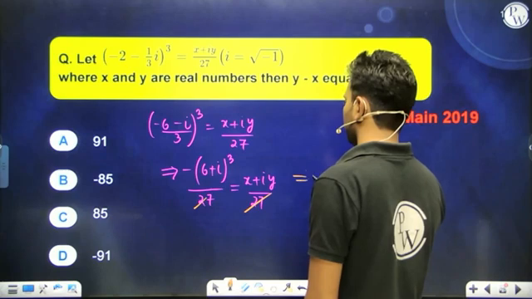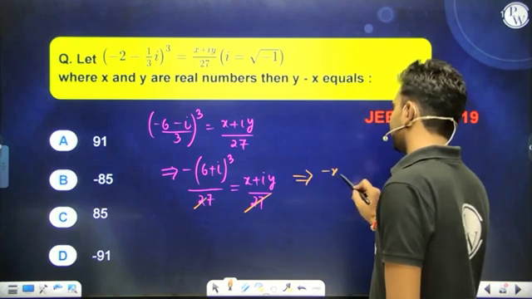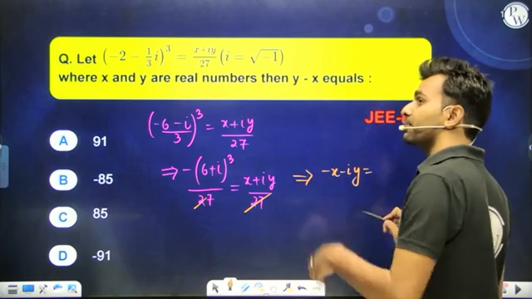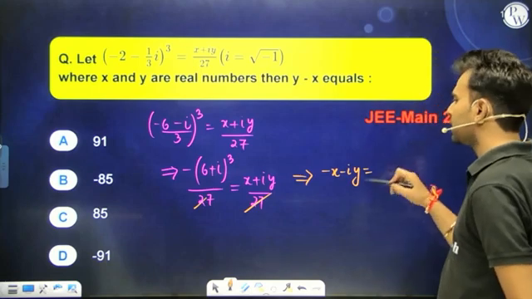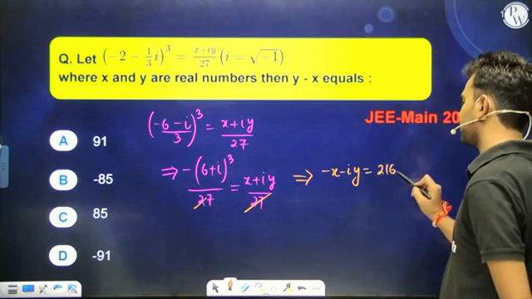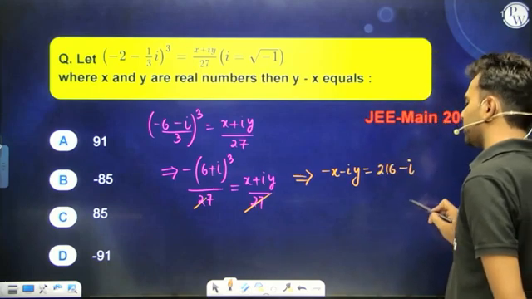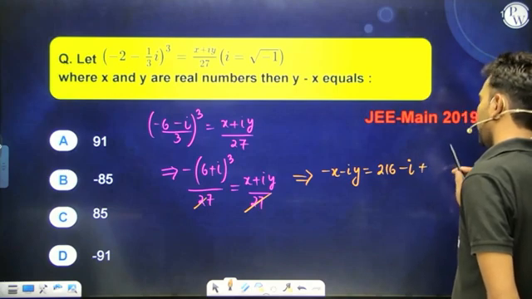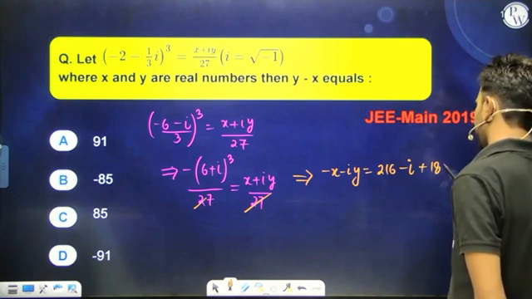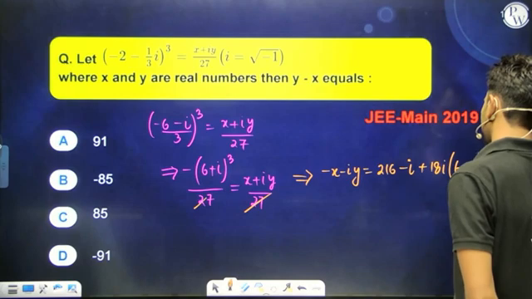So it is going to be minus x minus iy equal to (6 plus i) whole cube, means 6 cube, that is 216, plus iota cube, that is minus iota, plus 3ab, means 18 iota times (6 plus iota) is what we're going to write down.